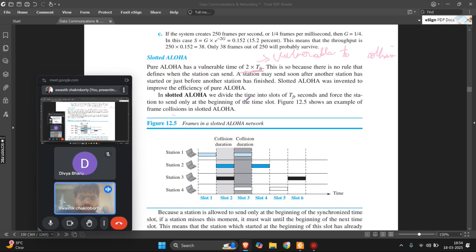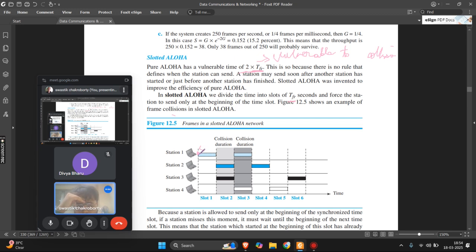So in the 2 TFR time, it is very vulnerable. So in slotted ALOHA, we will divide the time into slots. Each slot will be of TFR seconds, and we force the station to send only at the beginning of the time slot. So for a particular station to send, it can send only at the beginning of the time slot.